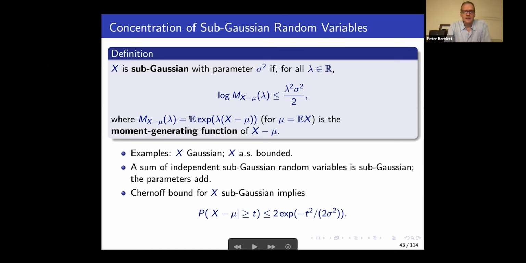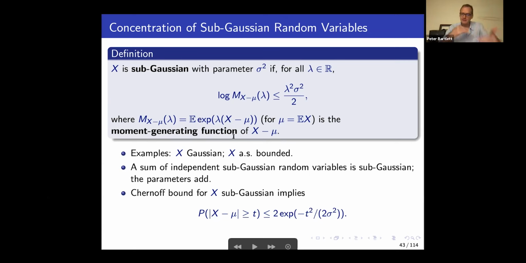This sort of computation of the moment generating function is a key ingredient in a proof of concentration due to Chernoff, where you look at probabilities of deviations and bound those in terms of expectations of exponentials of this form.